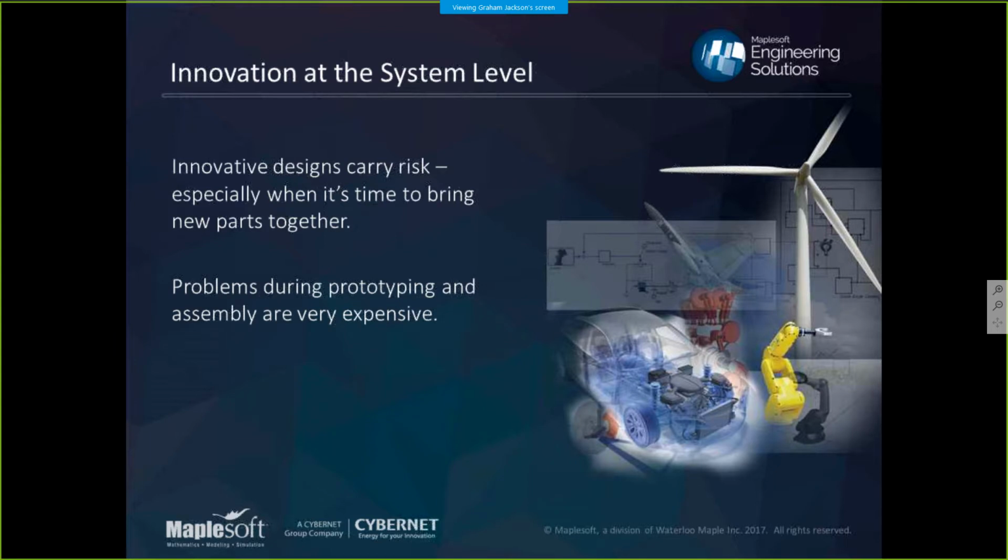The prototyping and integration phase can be very expensive, and for our customers, that tends to be one of the highest risk phases of a new or innovative design. These are fundamentally system level issues, perhaps a failure to understand what the entire system of your design is doing.